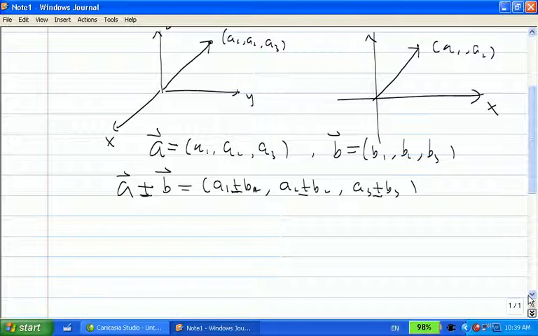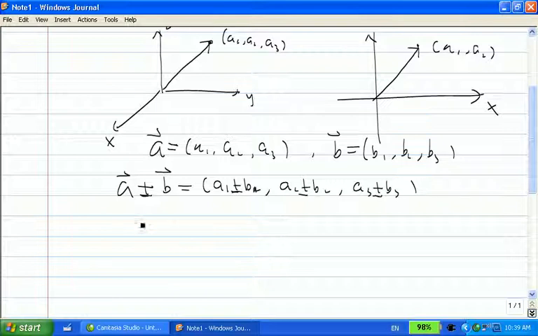You can define anything you want. However, if you define something with no use, the definition is not going to survive. We are going to define the two multiplications in the next two sections. So here we only define addition and subtraction for vectors.